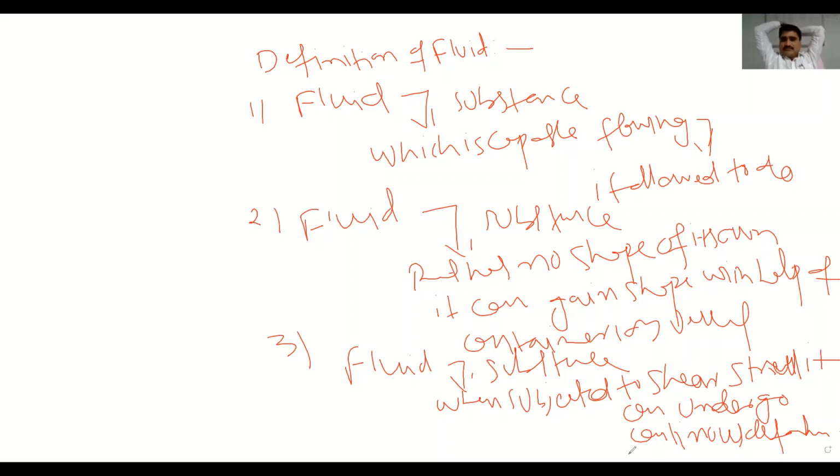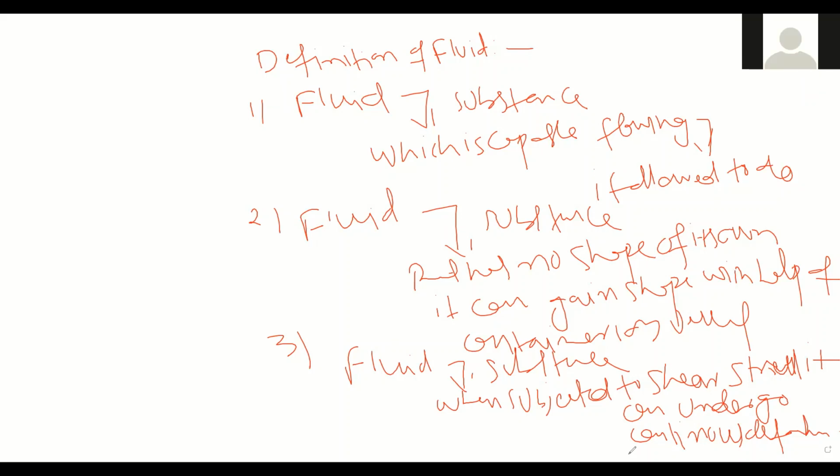Fluid is a substance capable of flowing if allowed to do. Second, fluid is a substance that has no shape of its own, it can gain shape with the help of a container or vessel. Third, fluid is a substance when subjected to shear stress, it can undergo continuous deformation as long as the forces exist. So as long as the force exists, it will go on deforming continuously. That is the definition of fluid. Tarun, well done.